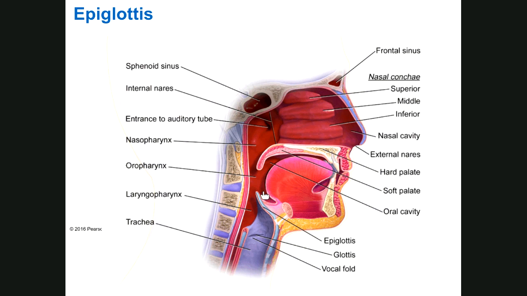So imagine if that epiglottis gets swollen, okay? If it swells out, then what you're going to have happen is a blocking of the trachea, okay? Because the epiglottis will get so large that it's going to start to block part of this trachea opening, right? That's going to cause problems breathing, right?